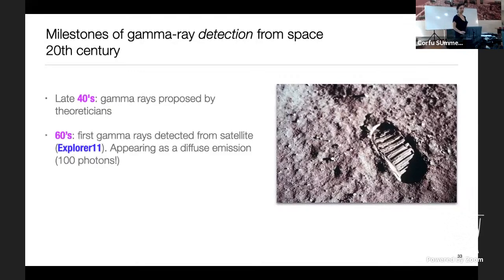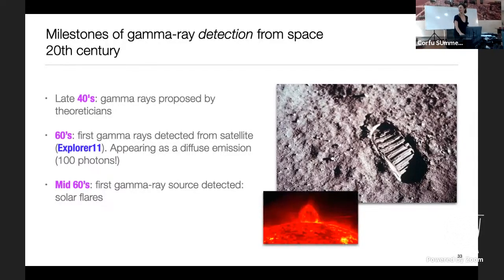Then it took a few years before the first gamma rays were detected from a satellite, Explorer 11. They appeared as a diffuse emission, meaning the resolution was poor, and also the statistics: 100 photons in total were detected. So it's difficult to clearly point out what the source is.